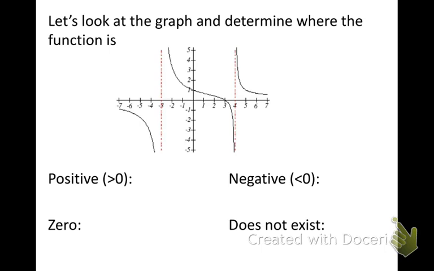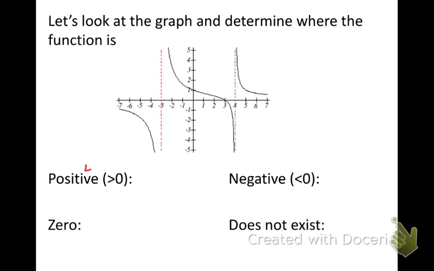Now, sticking with the same graph, we want to determine where this graph is positive, negative, zero, and where it does not exist. These are all things that we've looked at previously with our graphing, for example, in the past we did one with a quadratic function or a cubic function. Now we're specifically looking at it with rational functions. Keep in mind, though, that the process for finding where a graph or a function is positive has not changed.